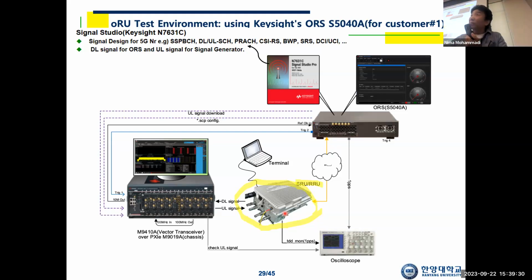I receive the downlink packet generated from the ODU emulator. Then I perform the deframing procedure and inverse Fourier transform and D to A conversion and frequency up conversion and shoot it to the user equipment as a downlink signal. Okay.